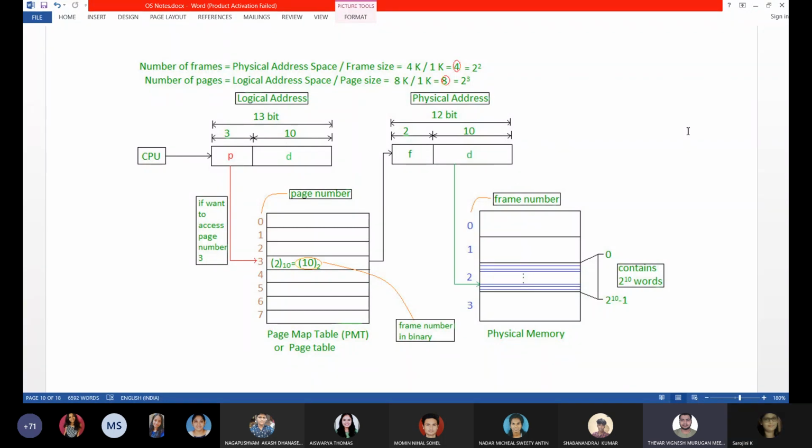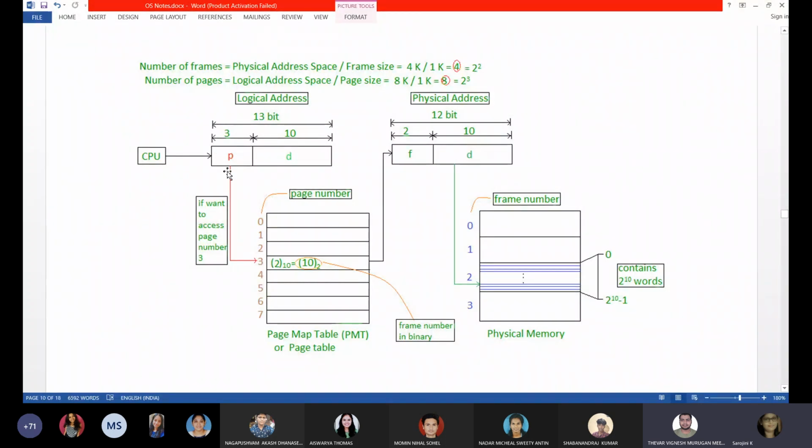The same way here, this is the small memory, this is the large memory, the secondary memory. The logical address is for secondary memory.